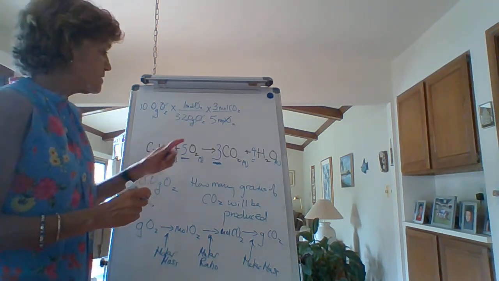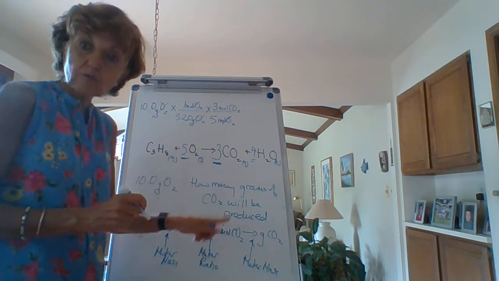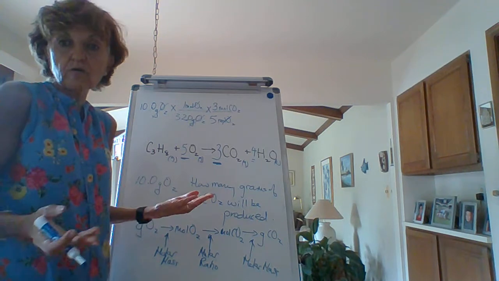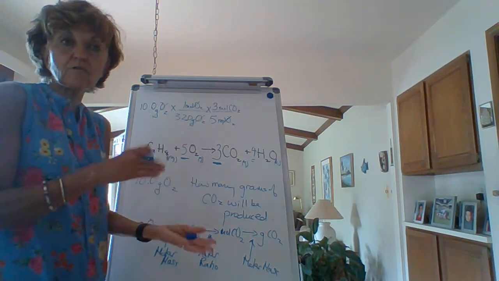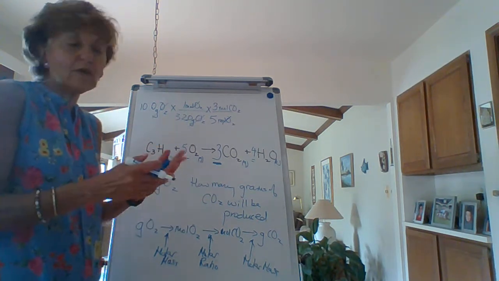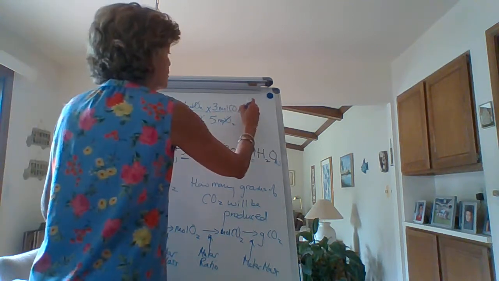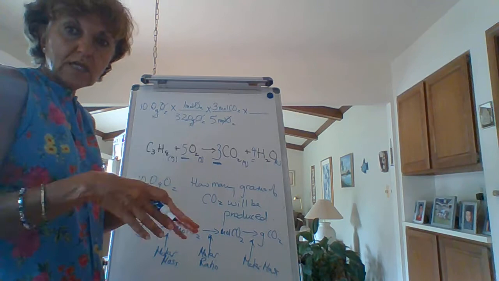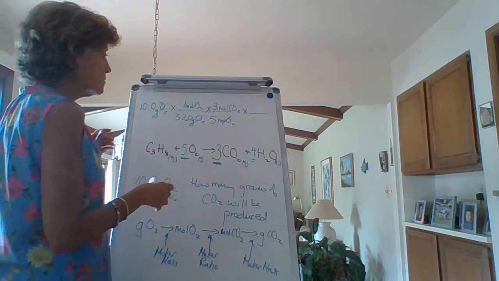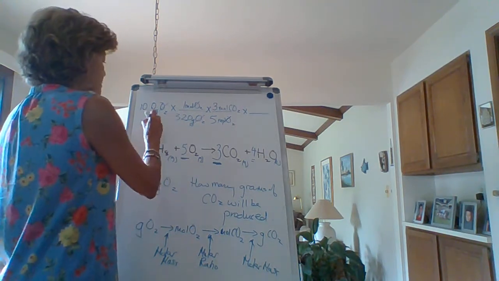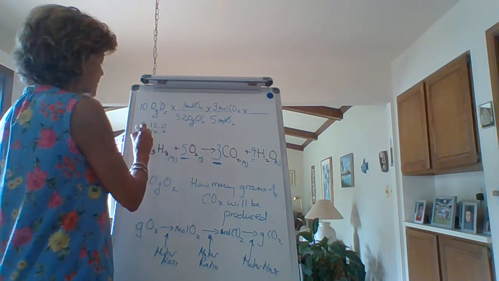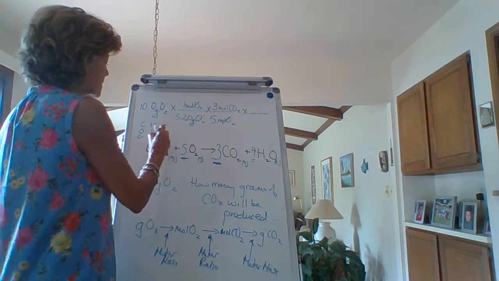Now we have moles of CO2 and the question wants grams of CO2. How do you go from moles to grams? You need molar mass, because remember, molar mass helps you convert between moles and grams. So we're going to look up the mass of carbon and the mass of the 2 oxygens, and add them all up. So carbon is 12, oxygen is 16, the other oxygen is 16.